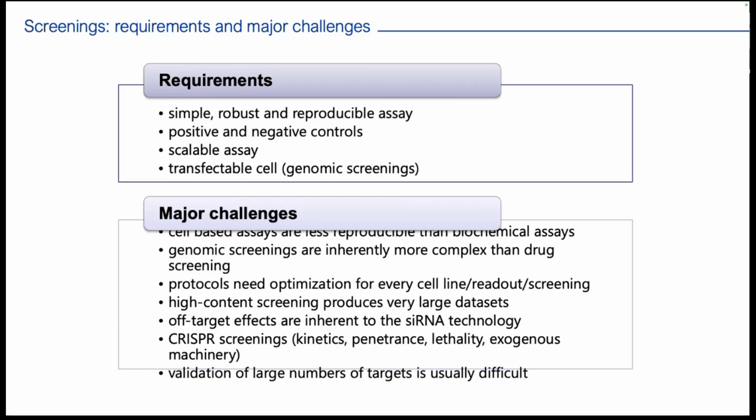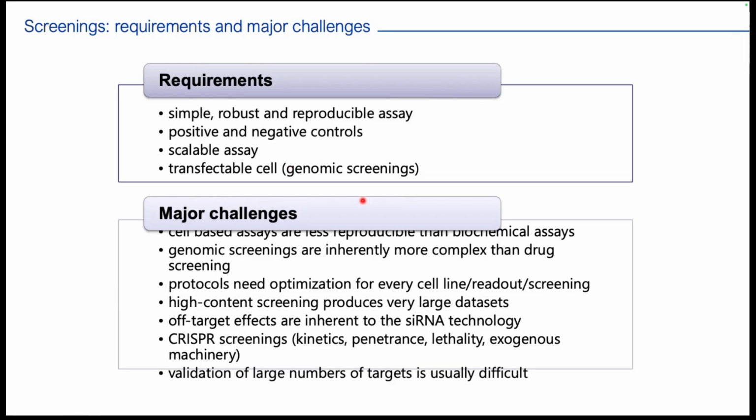We should do enough to answer our biological question, but not overcomplicate it, because this may compromise the rest. As for any other experiment, we need very good positive and negative controls. We need an assay that is scalable; it cannot be an assay that can only be run in a 6-well plate, because we cannot do screenings in 6-well. And if we're considering genomic screenings, the cells have to be transfectable with synthetic molecules.